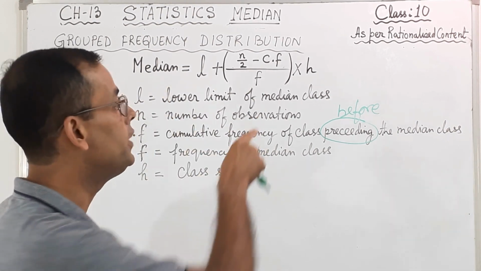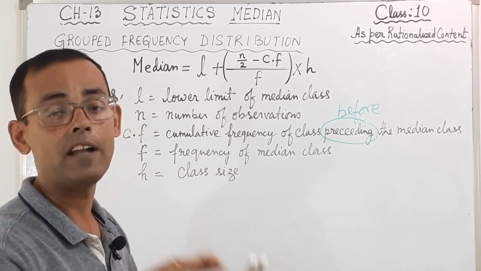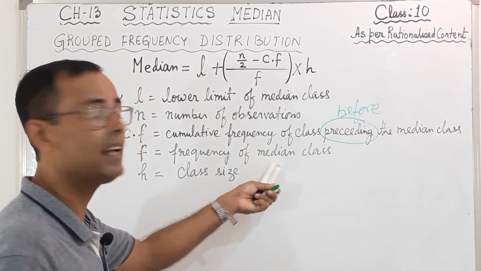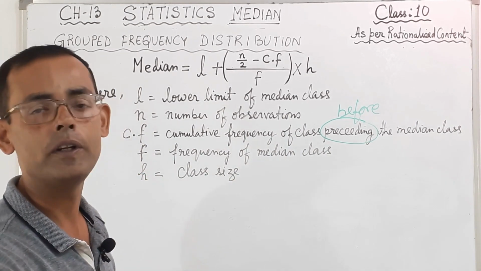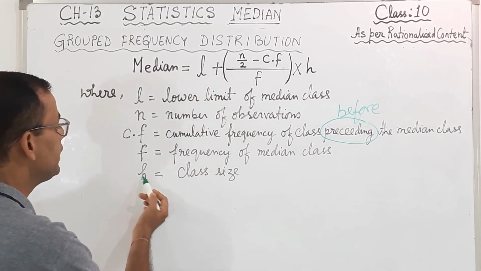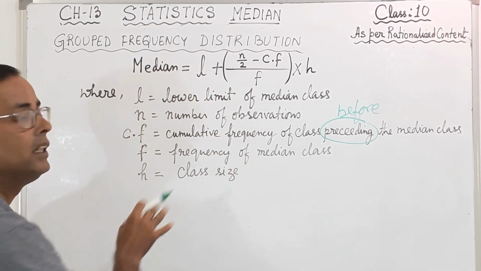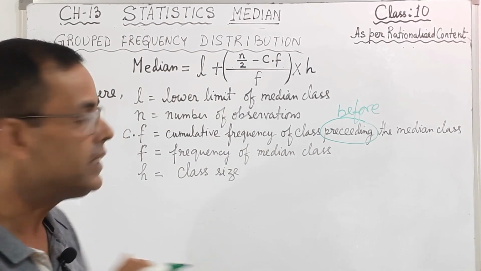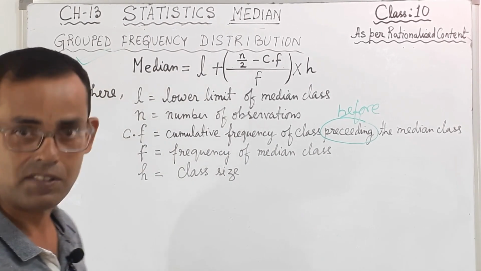Before that we will take that only. Then F means what? Frequency, and frequency of the median class only we have to take. And H, previously in mode when you were doing, that time also you did, that is the class size. So this is the formula to find out median when it is talking about grouped frequency distribution.